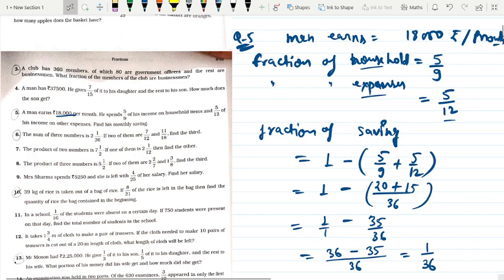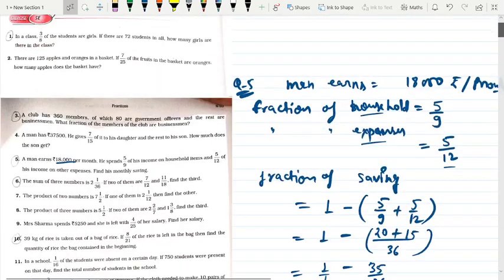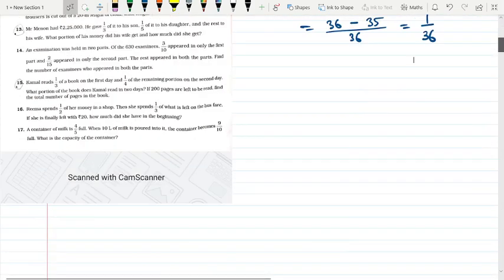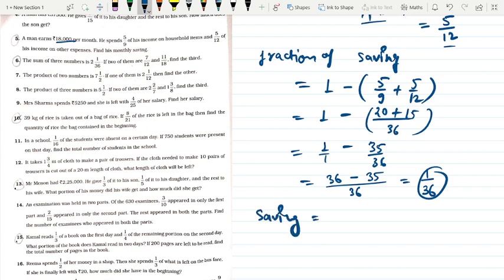So how much was he earning in a month? 18,000. And the fraction of saving is 1/36. So the saving will be just multiply by the fraction of saving.